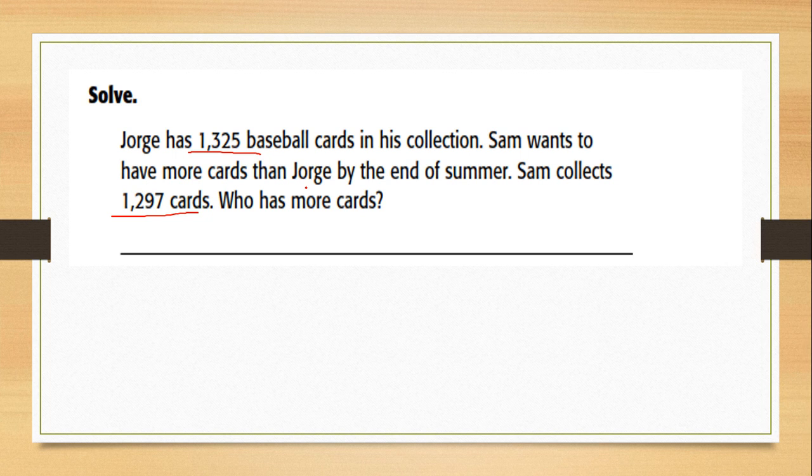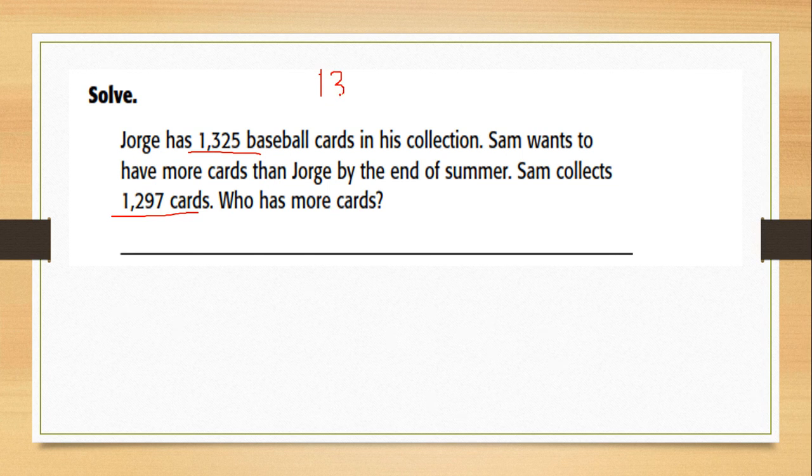Who has more cards? So here we need to know which one of them has more cards. How can we know? All we have to do is compare. Let's compare both numbers. The first number represents the cards of George. The second one represents the number of cards that belong to Sam.